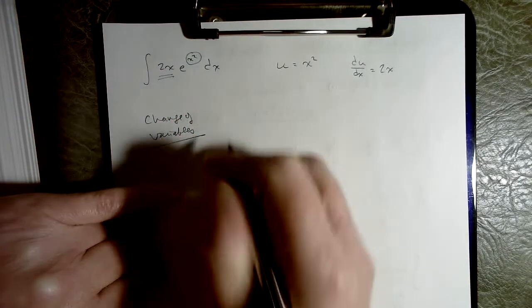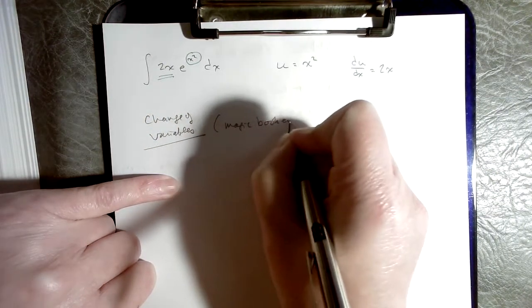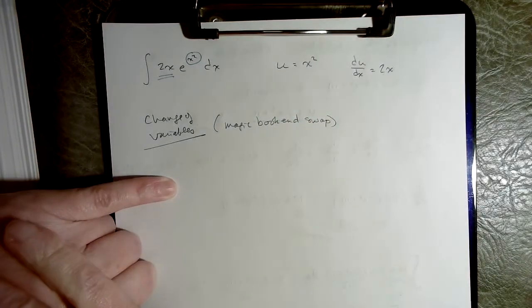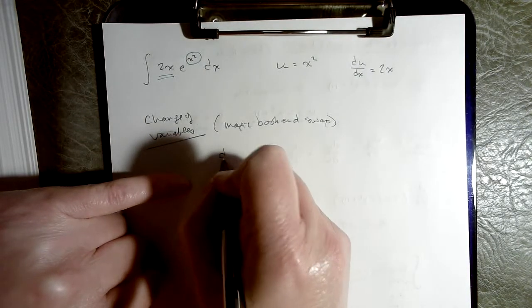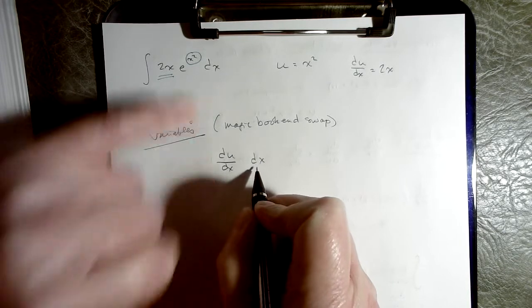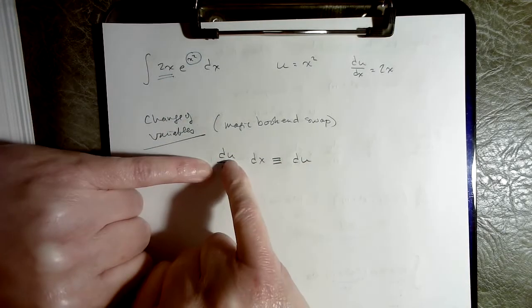That's how you say it formally. You can think of it as the magic bookend swap. I don't know where I come up with these ideas. Where does anything come from? I don't know. Okay, this is your relationship. Du dx, that derivative with your dx operator, your dx bookend, is equivalent to a du bookend.